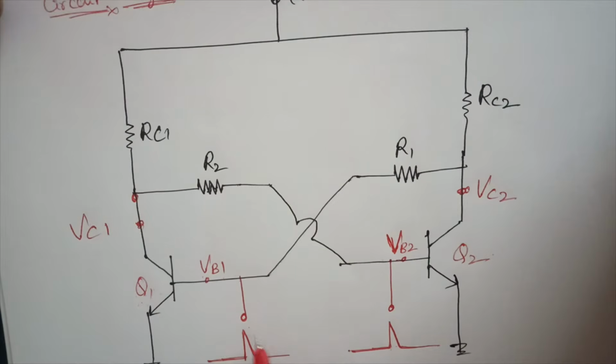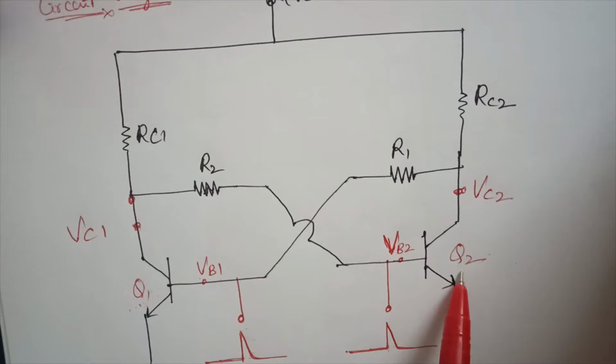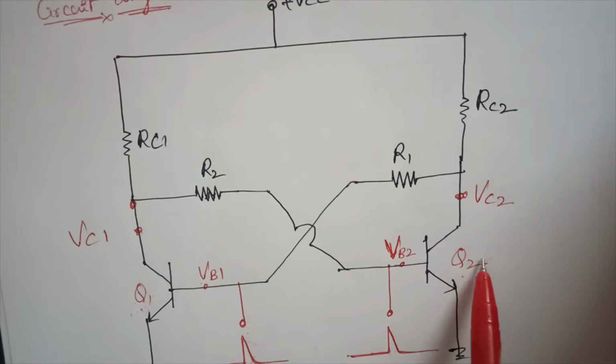This is the operation of the bistable multivibrator. Whenever we need to switch on a transistor, we have to apply a trigger pulse. If we are not applying a trigger pulse, it remains in the off state, and Q2 remains on. So this is the operation of the bistable multivibrator.